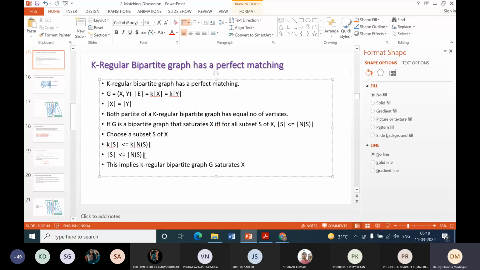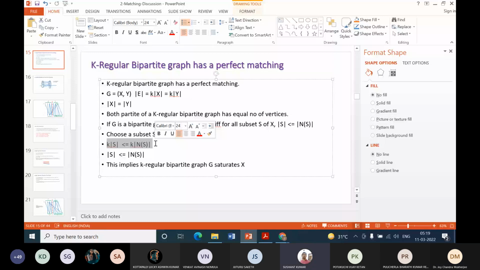So it means that partite X is saturated. By the same logic, I can prove that partite Y is saturated. If both partite X and partite Y are saturated, it has a perfect matching. So the actual proof boils down to proving this fact: K mod S is less than or equal to K into mod N(S).